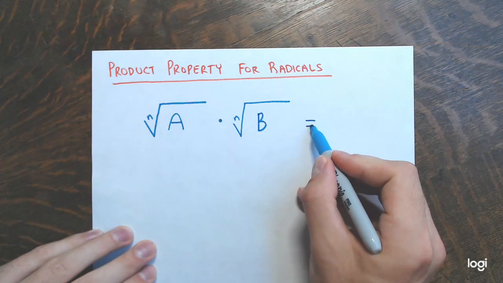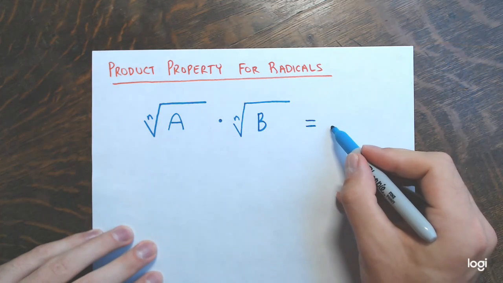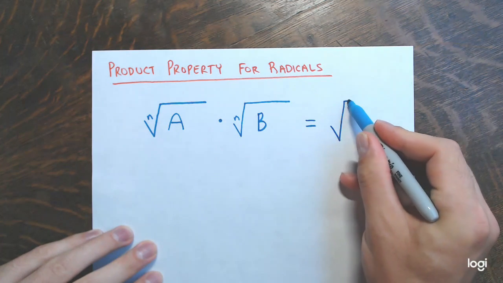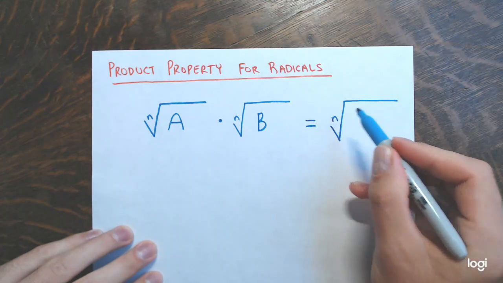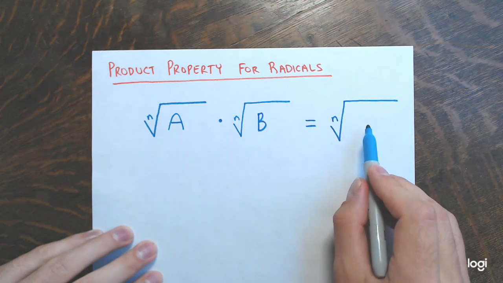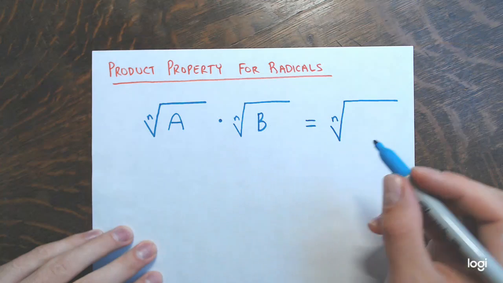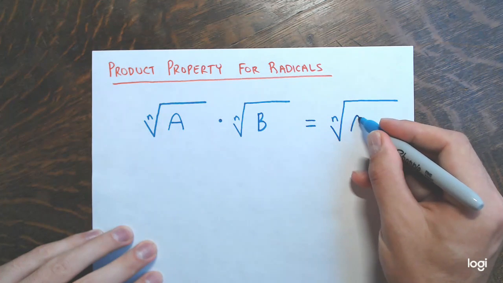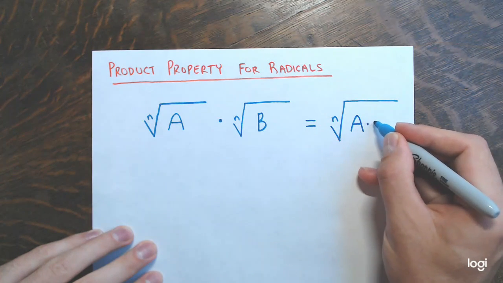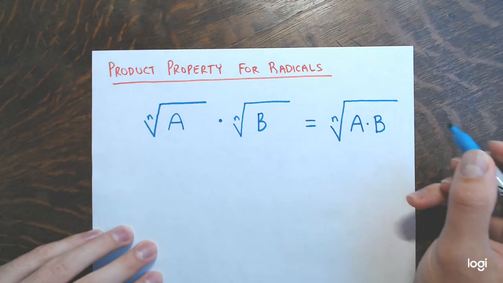that is going to be equal to the nth root of the product, where the new radicand is just the product of the old radicands. So inside the radical here I have a times b, or just ab.